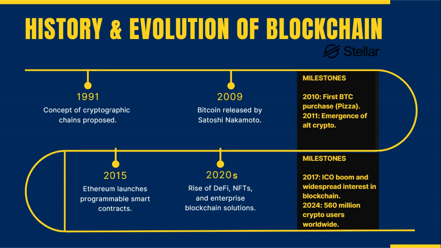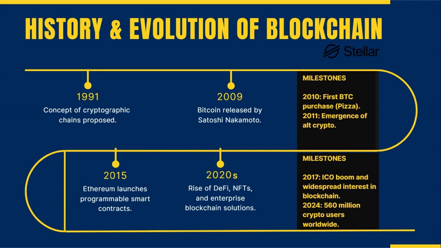Now, let's look at the history and evolution of blockchain. Blockchain didn't appear overnight. In 1991, scientists proposed the idea of cryptographic chains, a method of securely linking data. In 2009, Bitcoin was released by the anonymous creator Satoshi Nakamoto. This was the first real implementation of blockchain technology.